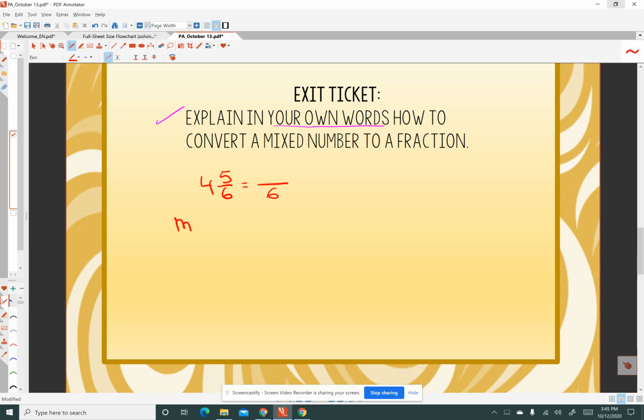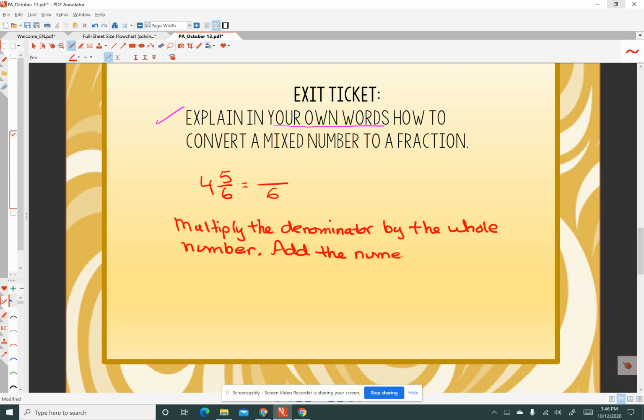We multiply the denominator by the whole number, then add the numerator, and then the whole thing will be put over the denominator.